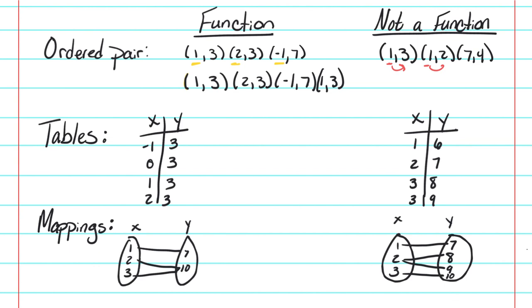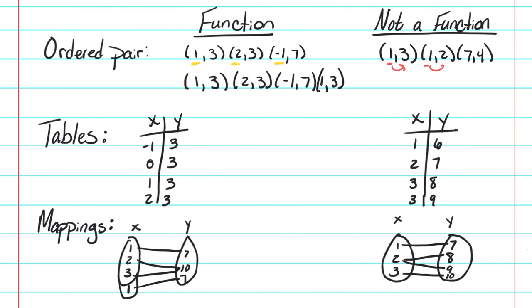The last representation you'll have is mapping. So you will see some type of little diagram like this. It'll be labeled what the x values are and what the y values are. Now, if it is a function, the x values are all different, or if they do repeat, say the diagram keeps going and I had another 1, as long as that other 1 went to another 7, that is perfectly fine, and that is still a function.